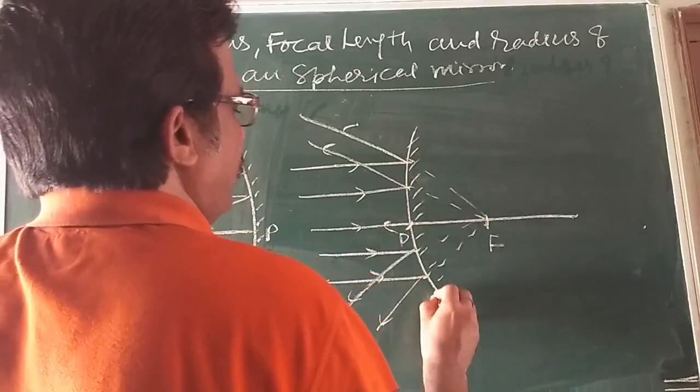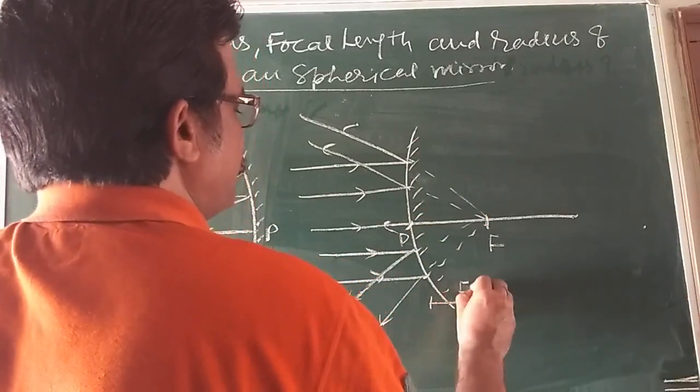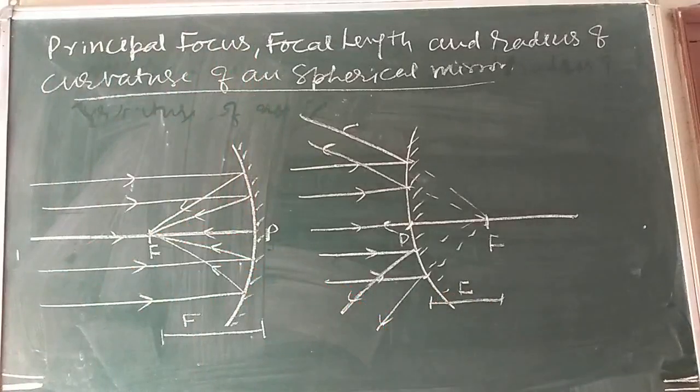Here is a pole, and this distance here is called focal length. So draw these two diagrams, children.